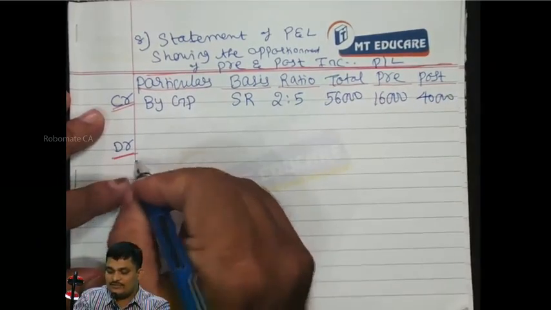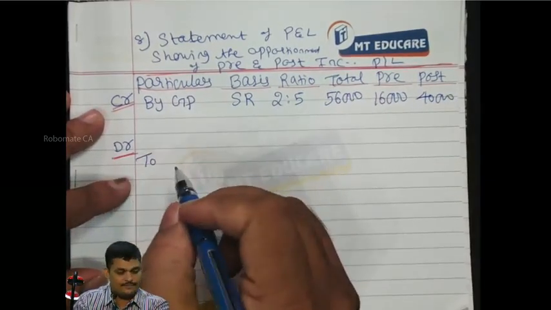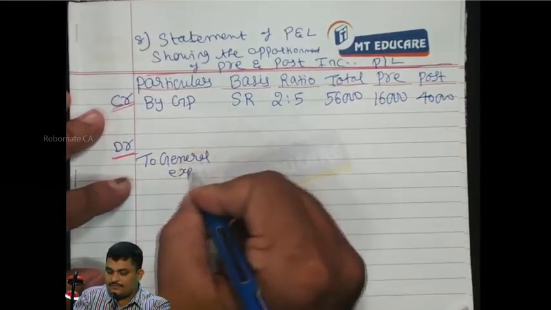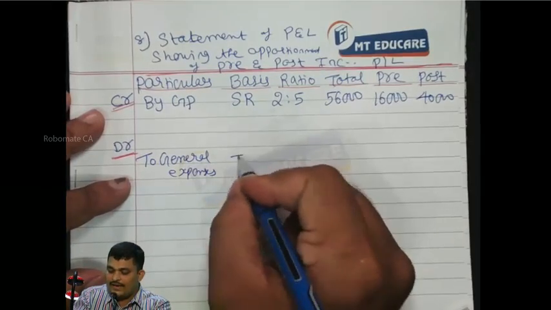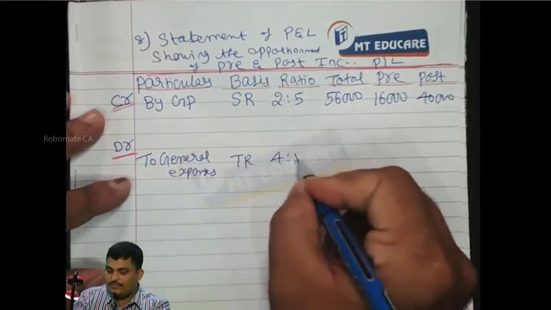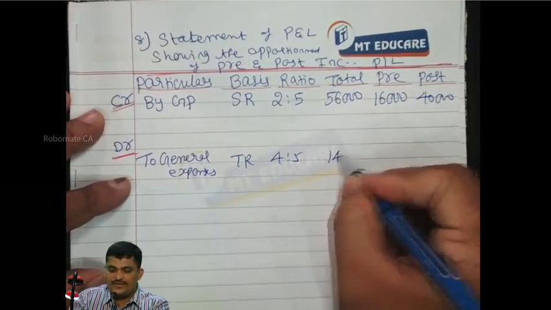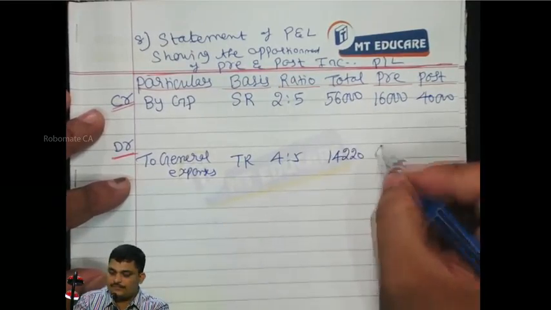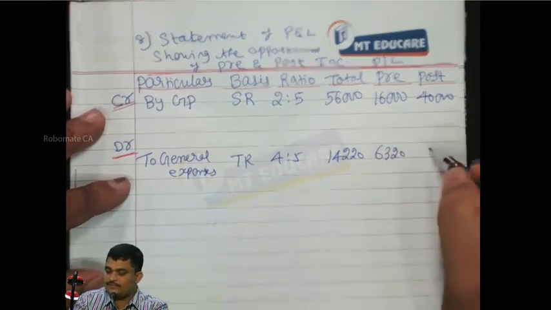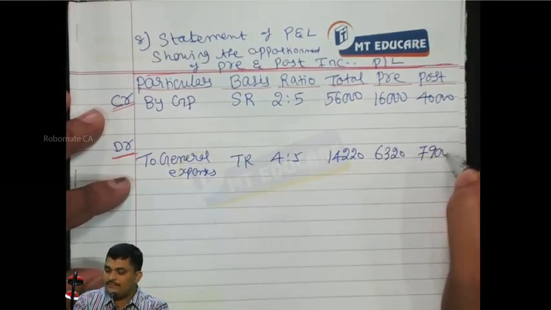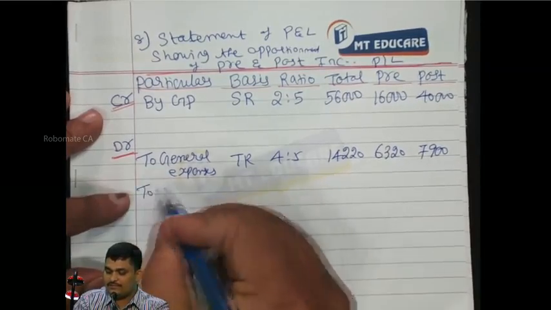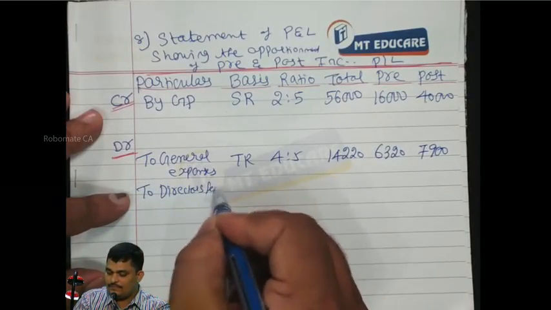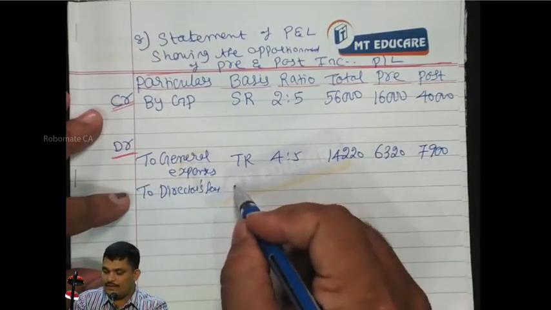Then various costs. General expenses, time ratio, 14,000. Next, direct.